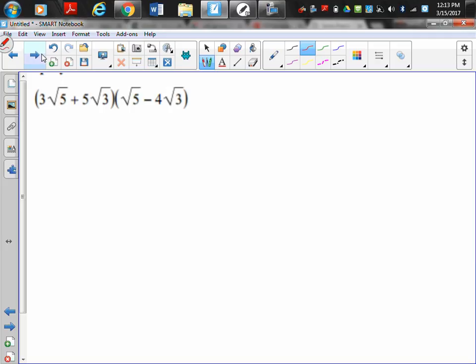You can use that also. So I have 3 square root of 5 plus 5 square root of 3 times the square root of 5 minus 4 times the square root of 3.